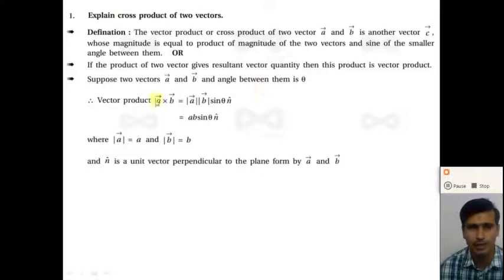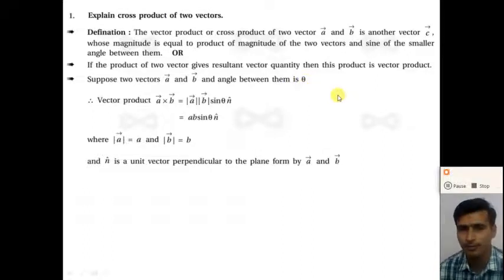Or we can define it like this also: if the product of two vectors gives a resultant vector quantity, then this product is called the vector product, or the cross product. Suppose we consider two vectors A and B, and the angle between them is theta.